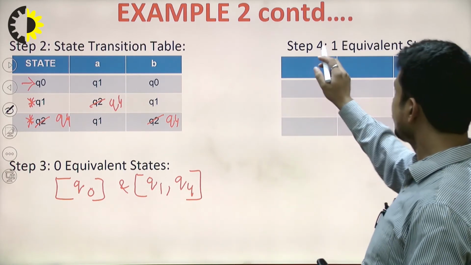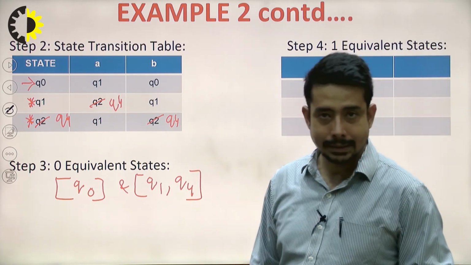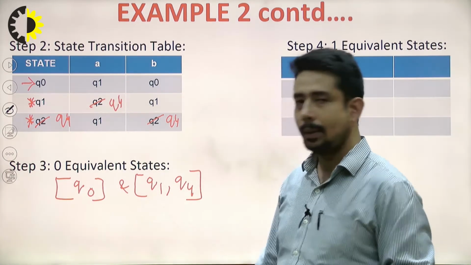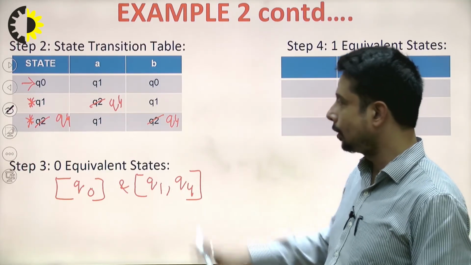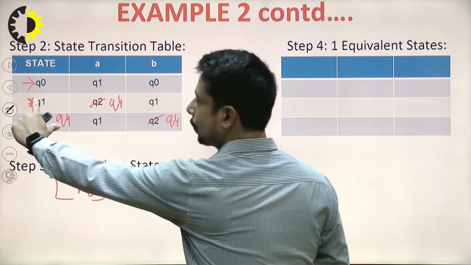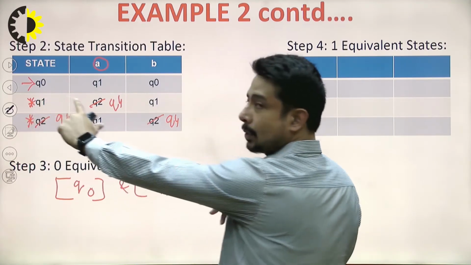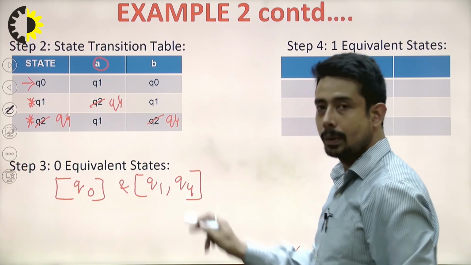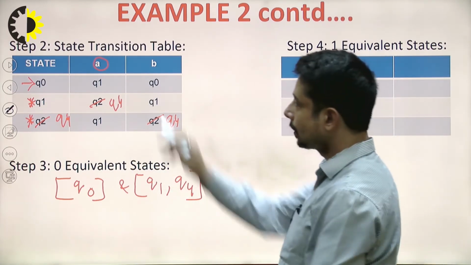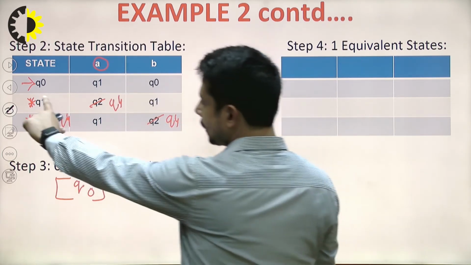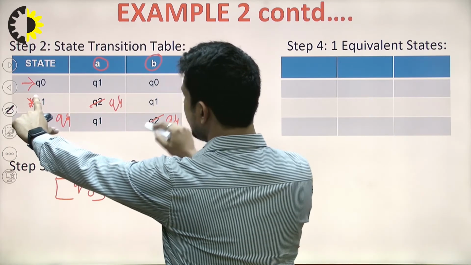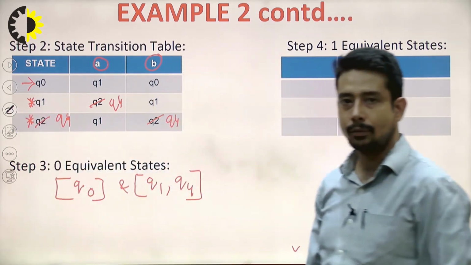Now if you look into step number 4, which is one equivalent states, if you try to compare the same scenario, let's check Q1 and Q4 on seeing input alphabet A, where it is going: Q4 and Q1, which is in the same group. That means one criteria is satisfied for this input alphabet A. Now let's check Q1 and Q4 on seeing input alphabet B, where it is going, again in the same set of groups.